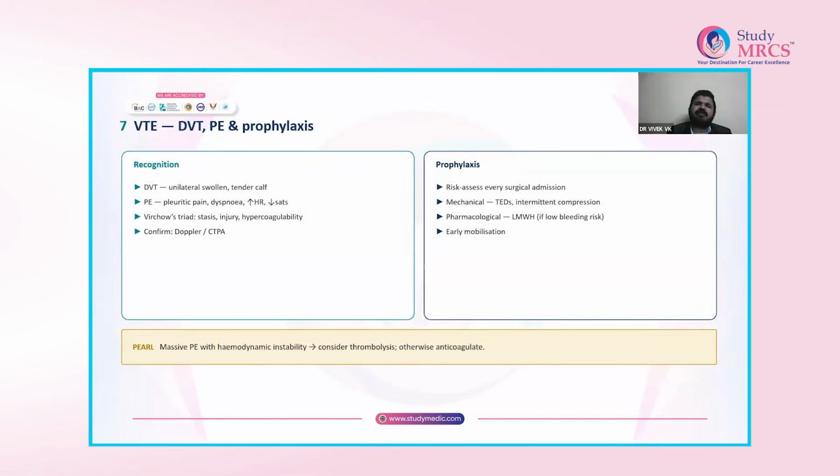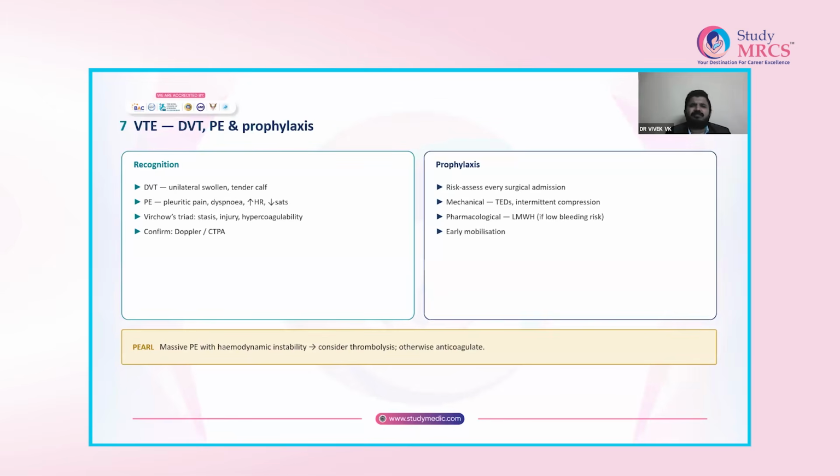And there are certain mechanical methods by which you can prevent DVT. That is thromboembolic deterrent stockings, the TEDs, and you can use intermittent pneumatic compression devices. You can apply simple elastogrip bandages to the limbs. So these are the mechanical prophylaxis.